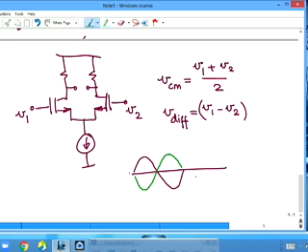The common mode signal will have the average of V1 and V2, which hopefully is 0 or a constant, and it also has the interference. I don't want my amplifier to amplify the interference. I want it to amplify the signal. So this is why common mode gain should typically be as close to 0 as possible.